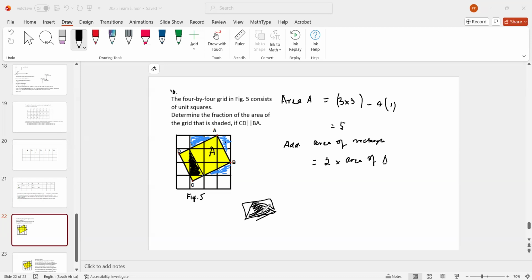Because the area of the rectangle is length times breadth, and the area of the triangle is half base times height. So the triangle, it's easy to see the area of the triangle because it's a 2 by 1 triangle. So the area there is 1.